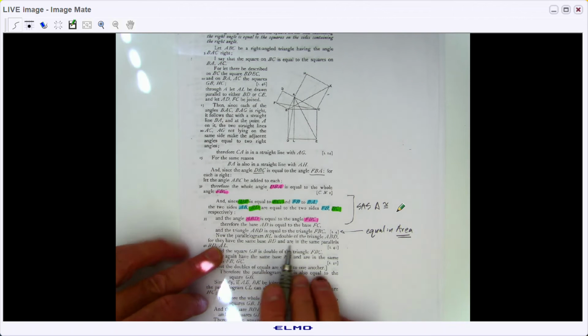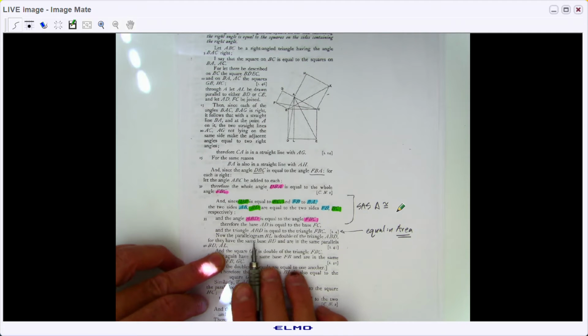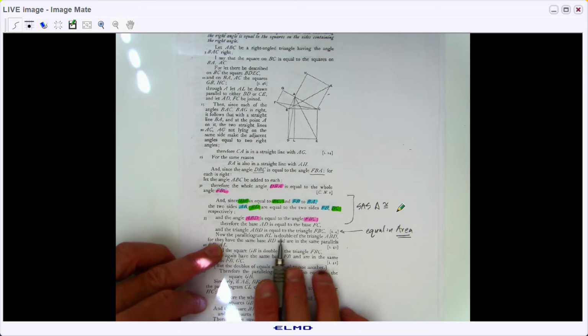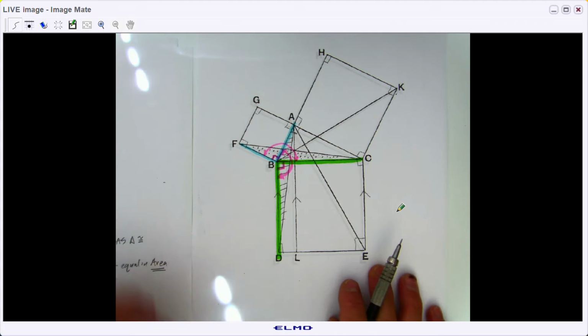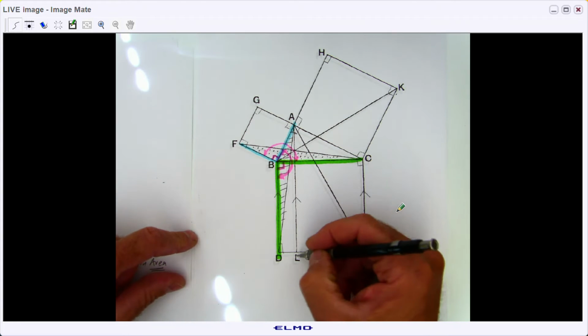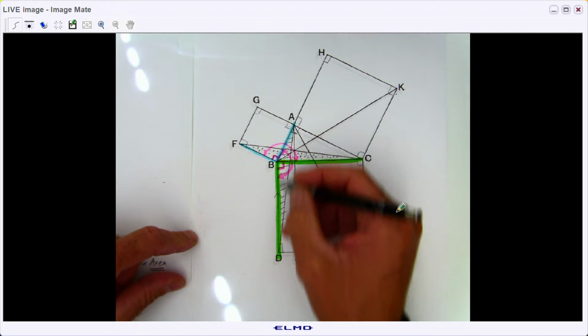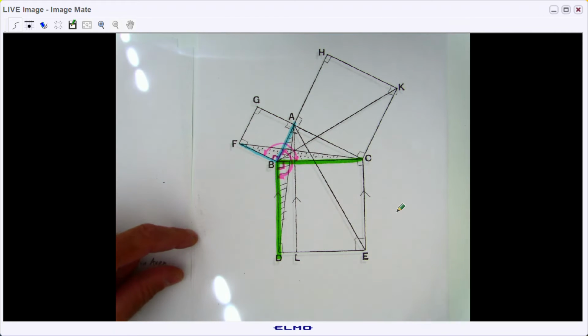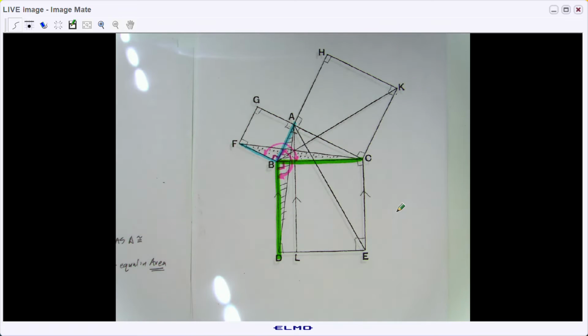And here's where the argument's pretty interesting. Now the parallelogram BL is double the triangle ABD. So B to L is this parallelogram right here. Really, it's a rectangle, right? Maybe what I could do is somehow highlight it using yellows.